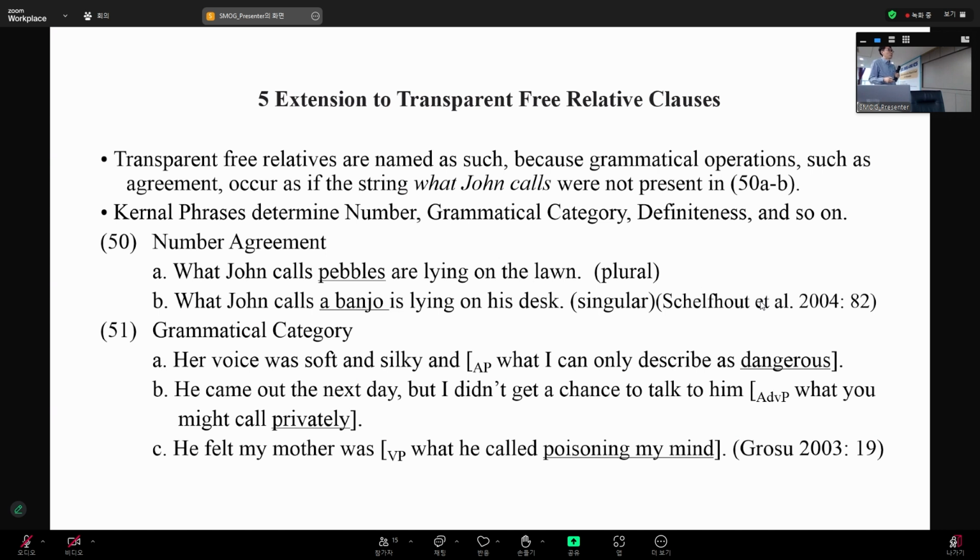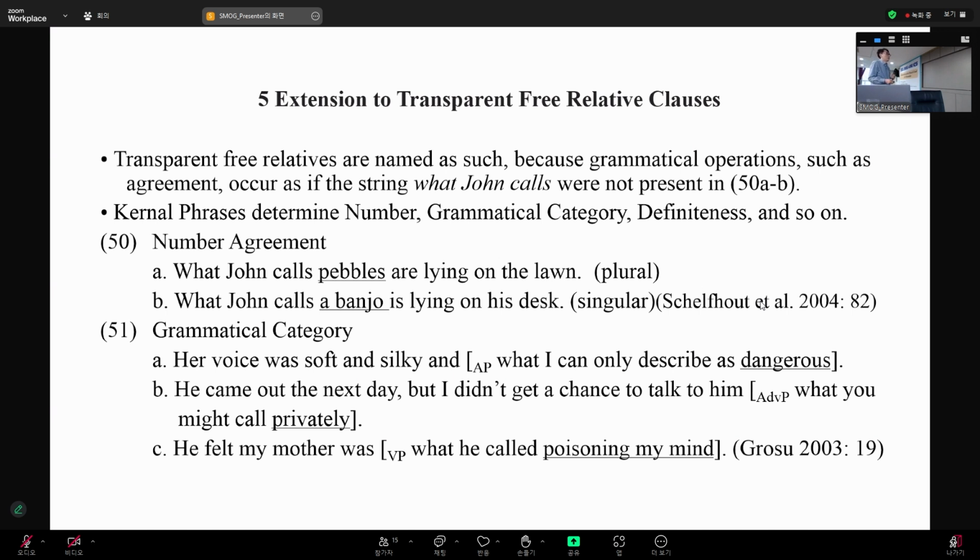So pebbles determines the form of copula, a banjo determines the form of is. So we just pretend that the what John calls clause is not here. In fact, pebbles and banjo are called clausal phrases, and they determine number, grammatical category, definiteness, and so on.